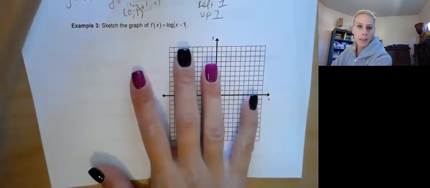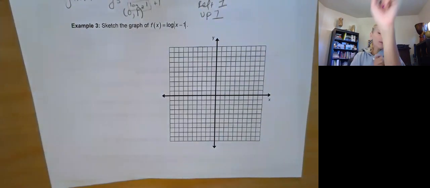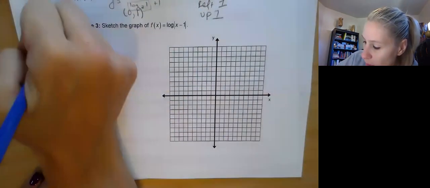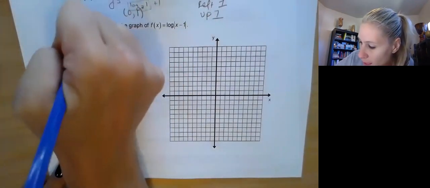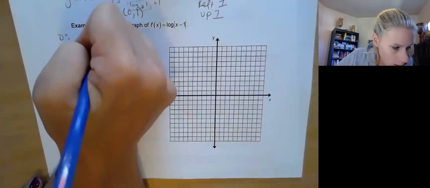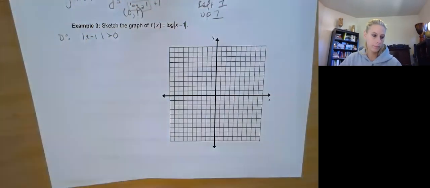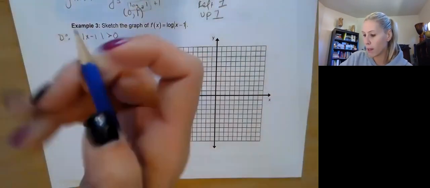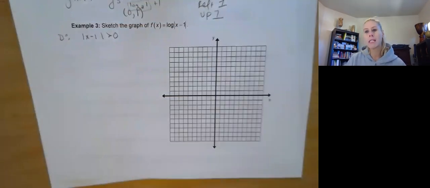Okay, let's do this. This one's going to be a little bit trickier because of the absolute value sign. So when we look at the domain, we need to think that the absolute value of x minus 1 is greater than 0. Absolute value is always going to be greater than or equal to 0, but 0 is not greater than 0.